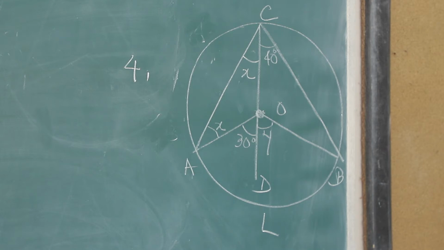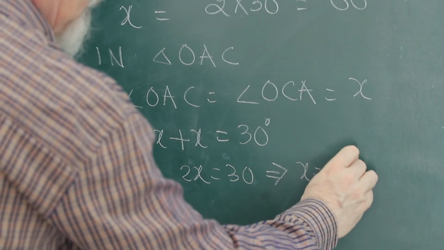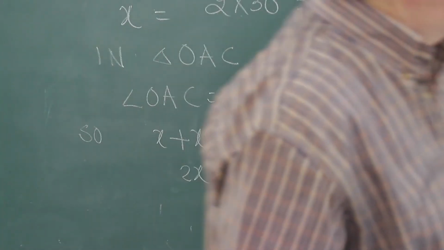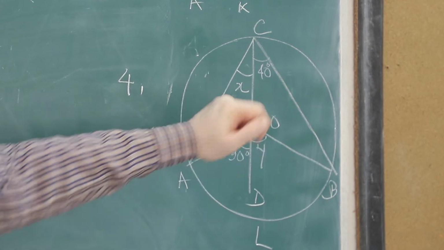I am not writing the complete thing, but you must understand what I am trying to say to you. So X plus X is 30, 2X is 30, so that will imply X is equal to 15. You've got the value of X as 15.